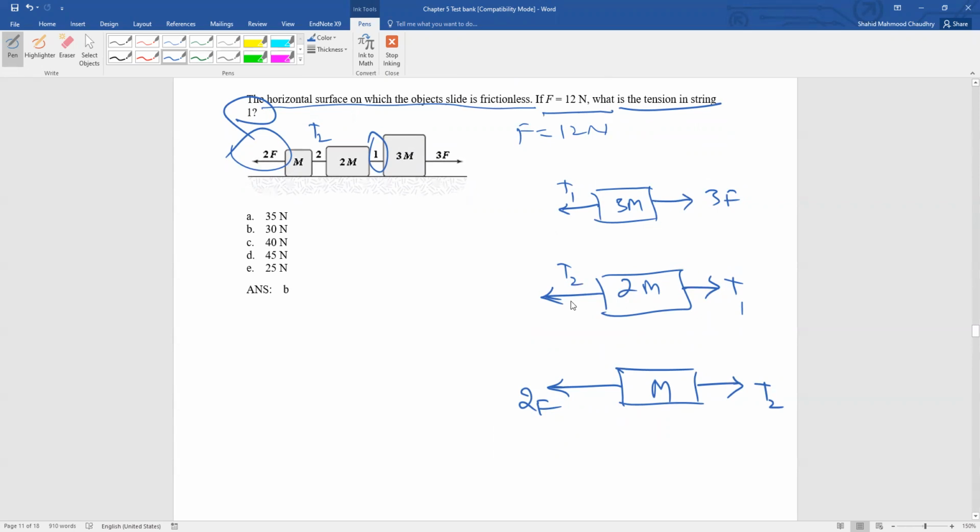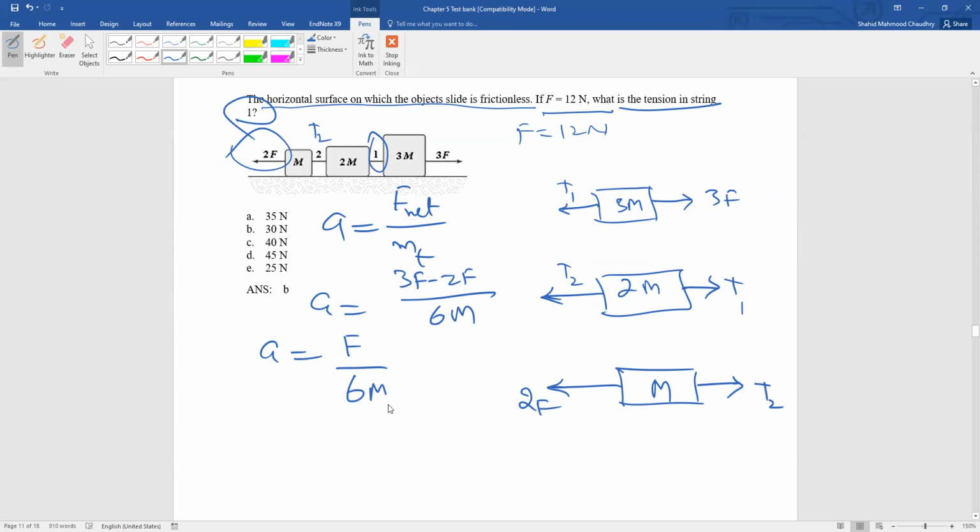Okay, one thing. Now to solve this problem, first you will solve it by the trick. The trick is this one. Find the acceleration first. Acceleration is the net force divided by the total mass. Net force is 3F minus 2F, divided by total mass, 3 plus 2 plus 1, which is 6M.